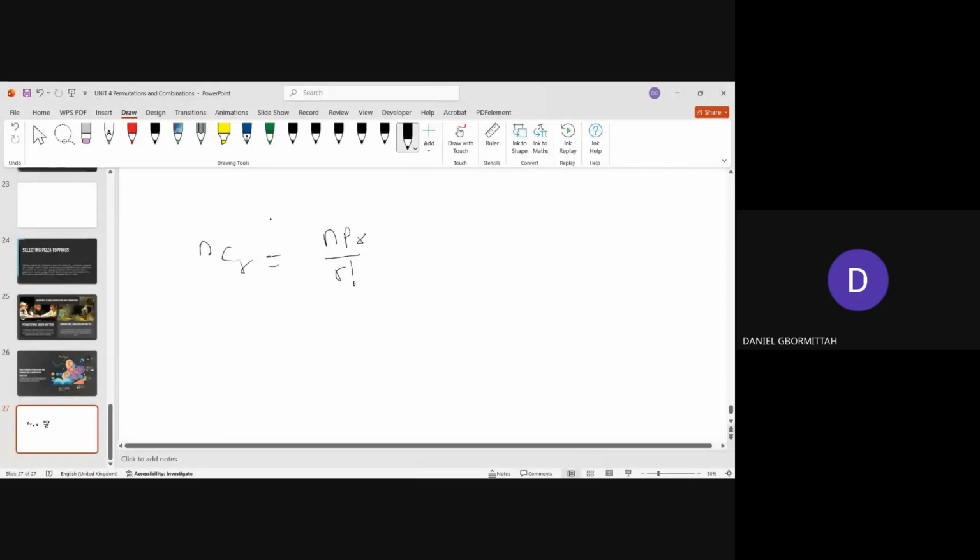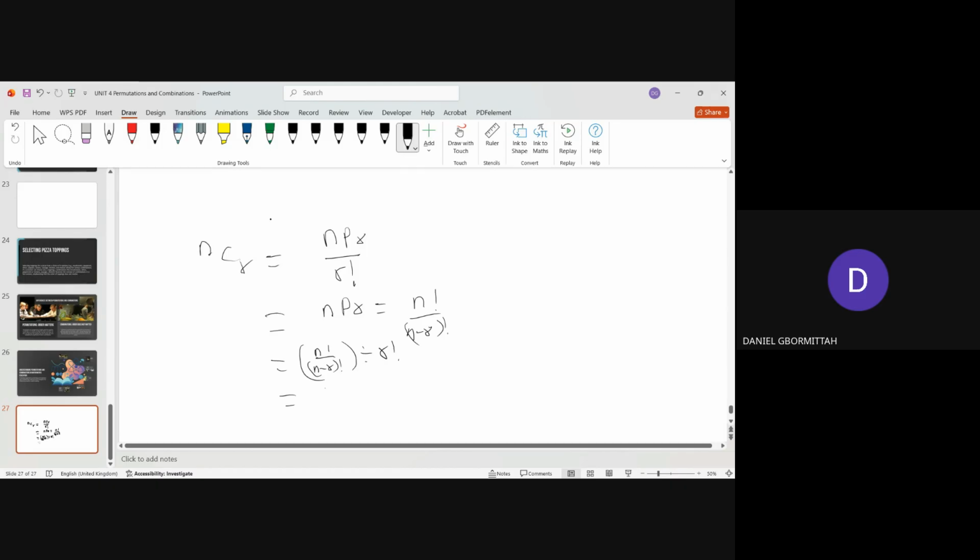We know that n permutation R is the same as n factorial divided by n minus R factorial. Putting that back gives you n factorial divided by n minus R factorial, all divided by R factorial.